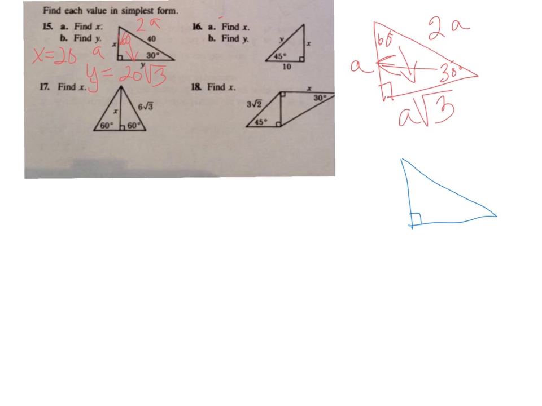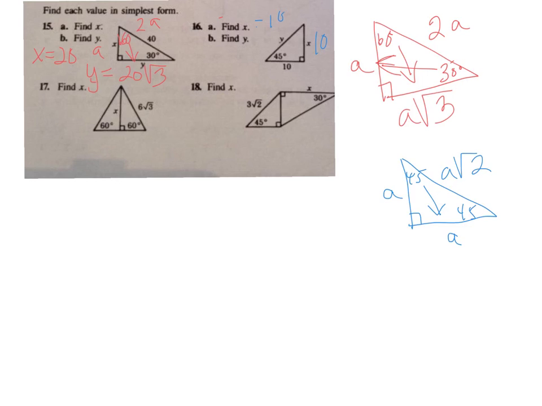So for a 45, 45, 90 triangle, this side is A. Both of the legs are A, and the hypotenuse is A times the square root of 2. So here we have this leg being 10, so the other leg, x, is also 10.